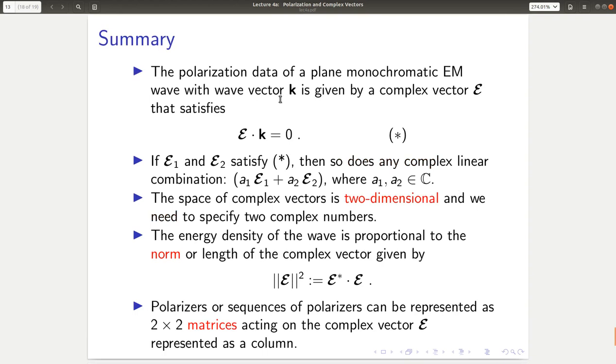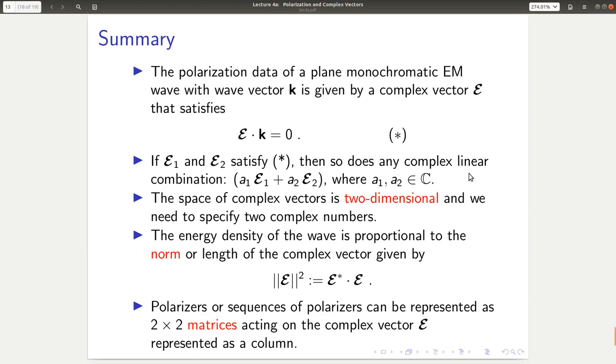I just say that there is an arbitrary vector K, and the complex vector calligraphic epsilon satisfies epsilon dot K equal to 0. The key is that if epsilon 1 and epsilon 2 satisfy this (star), then so does any complex linear combination a1 epsilon 1 plus a2 epsilon 2, where a1 and a2 are any two complex numbers.